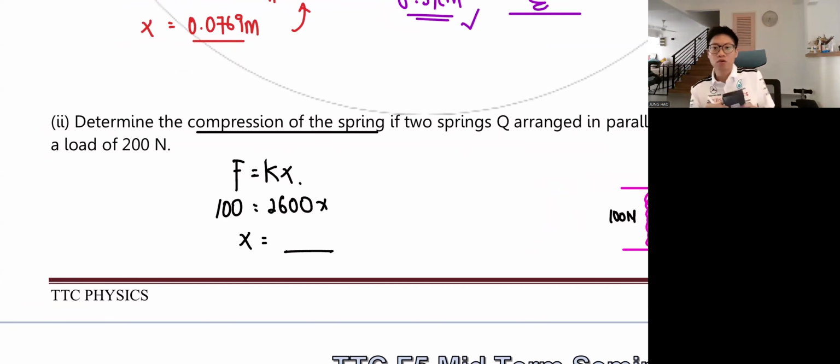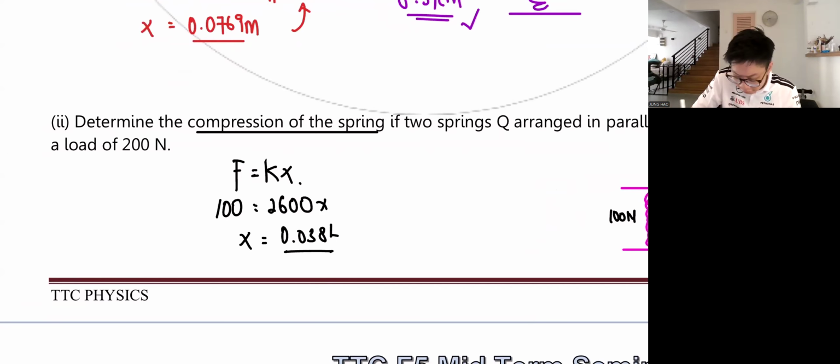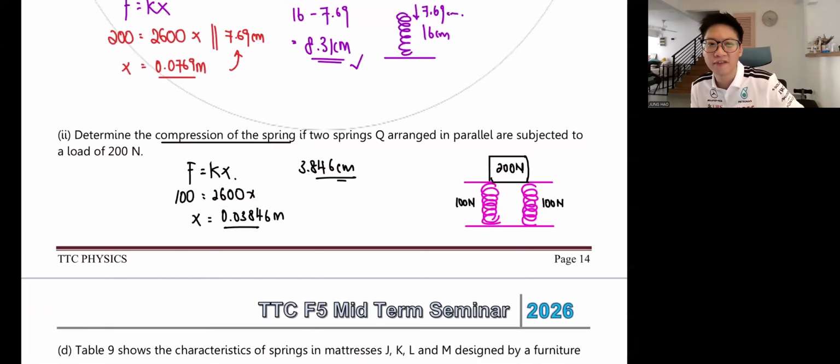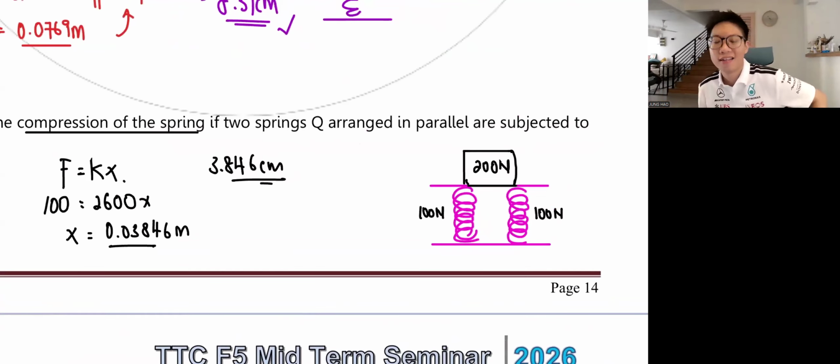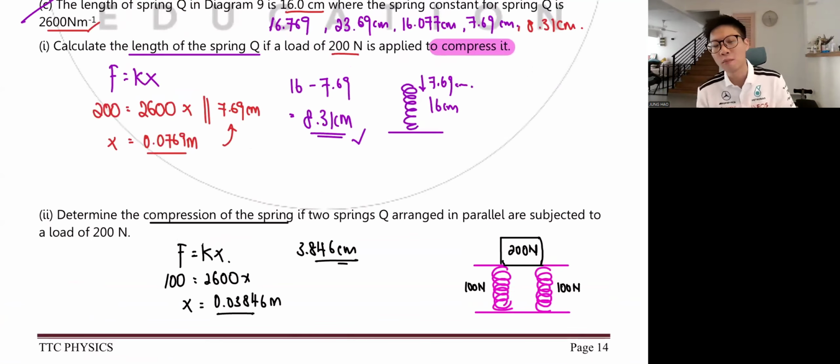So my x will be equal to 100 divided by 2600. So I get 0.03846 meter, right? So this is actually just 3.846 cm. That is your compression, or 3.846 is enough. Yeah, so therefore that's your answer. Okay, that's it. So that's the compression of the spring.